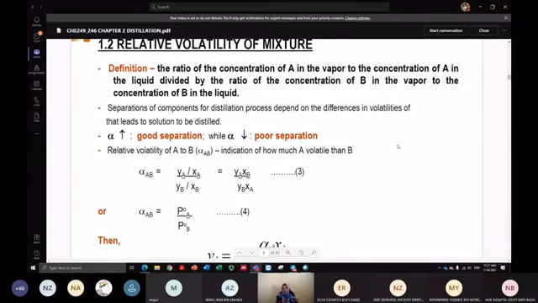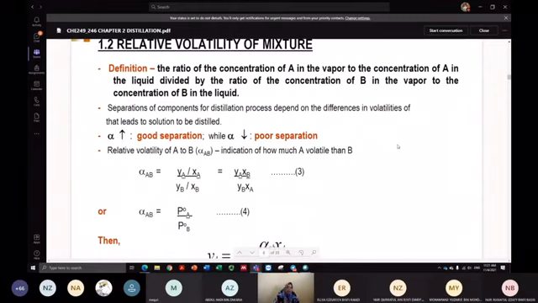The distillation process that we use is just for separation. Sometimes it's not easy to separate two components, A and B, in liquid form.